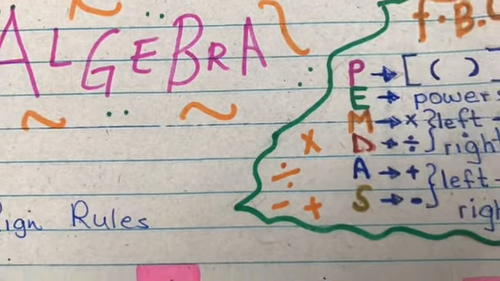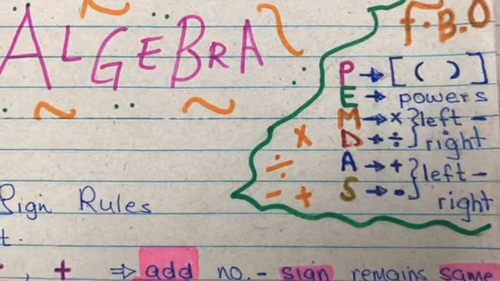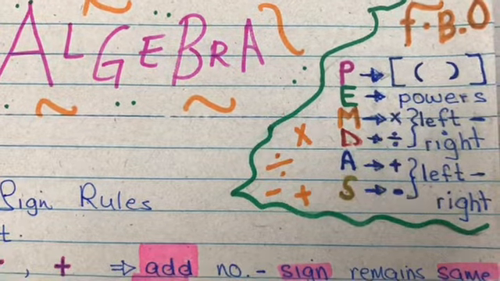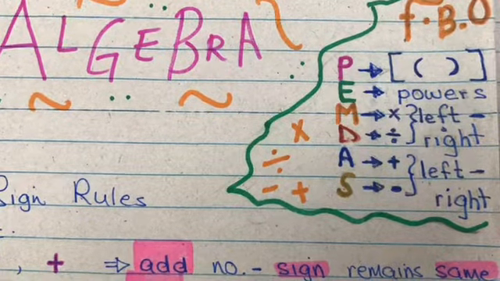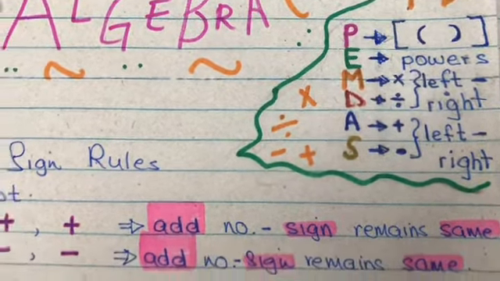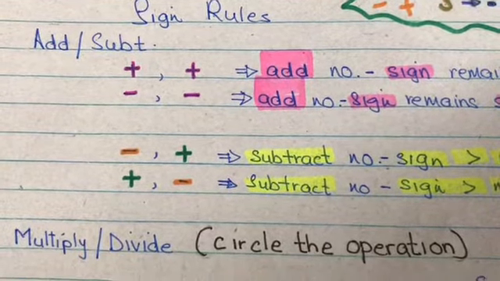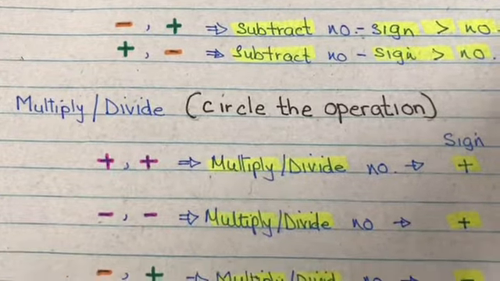Here I have written all the rules of the 4 basic operations, the order in which you have to solve an expression if you get all the operations in one line, and you also have to remember the sign rules when you are adding or subtracting, multiplying or dividing.